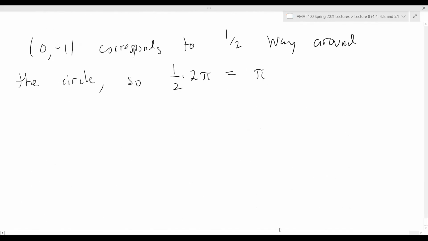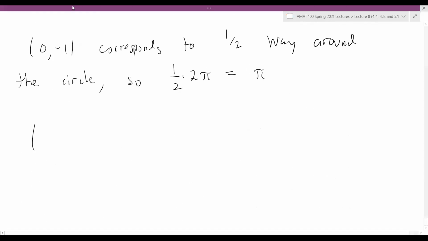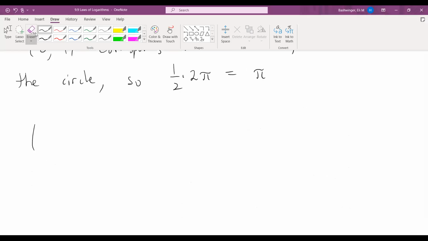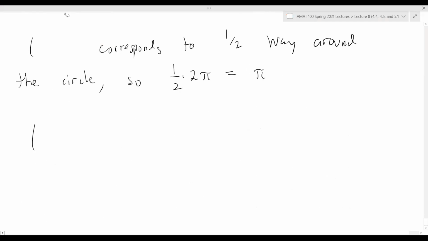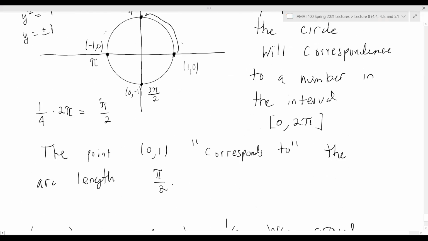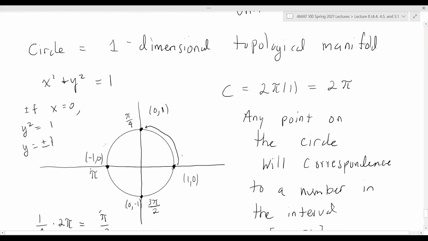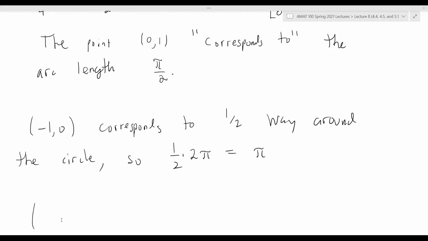Sorry, this is not right. This should be (-1, 0). (-1, 0) corresponds to pi.